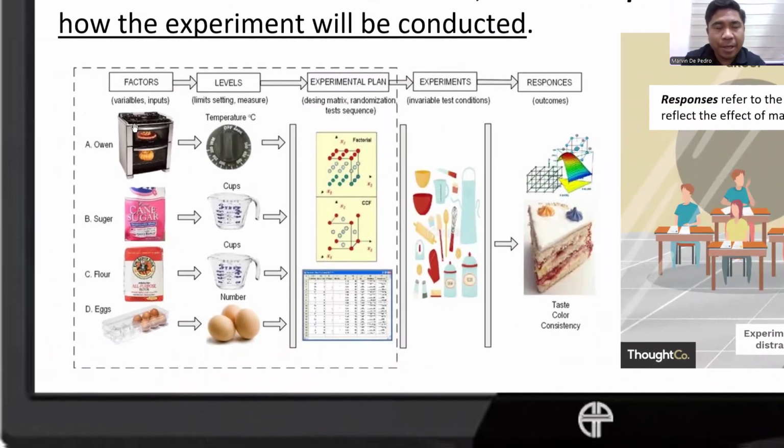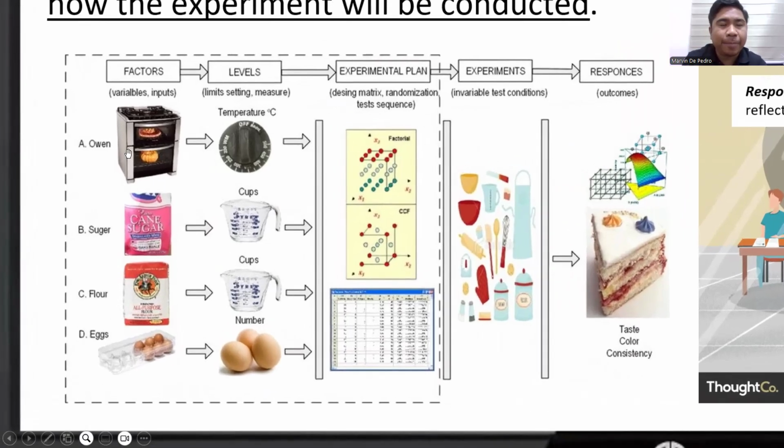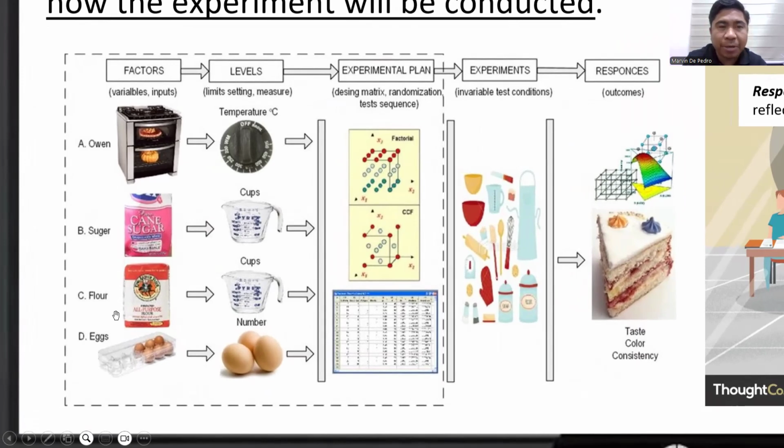So, for example, here we have an experiment, and we have this plan. The involved factors are the oven, the sugar, the flour, the eggs. So these are inputs, or meaning independent variables.